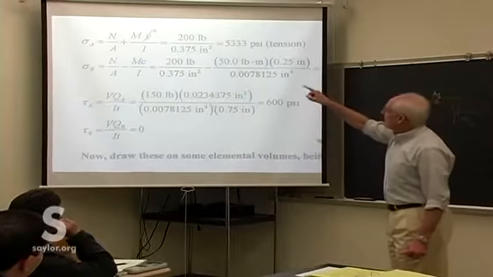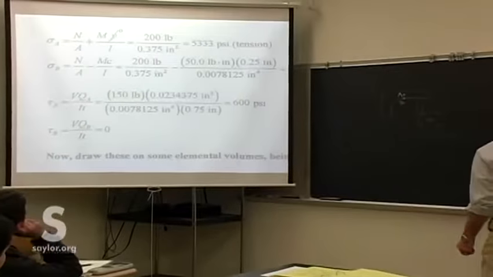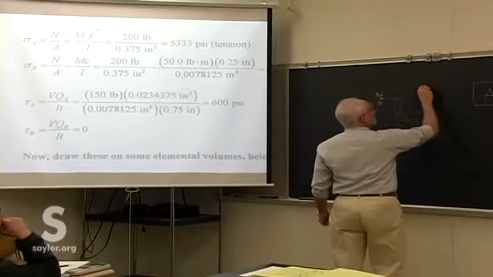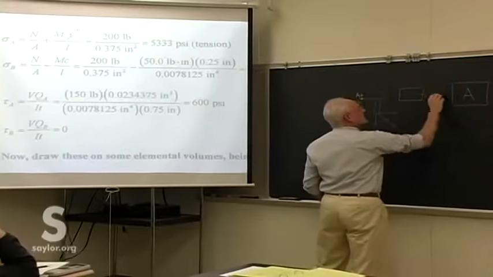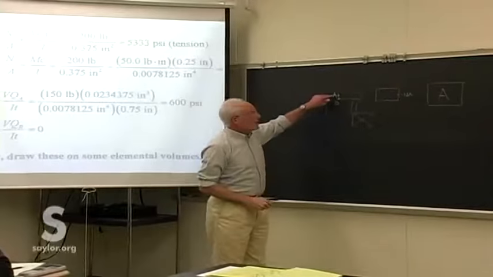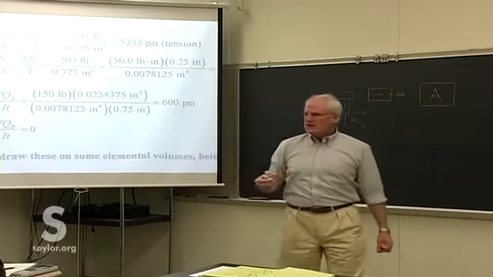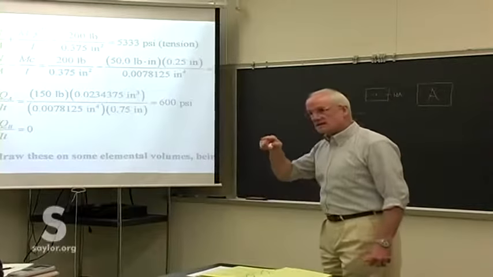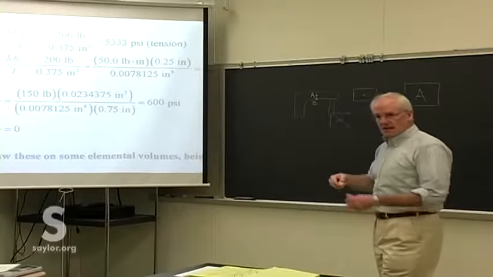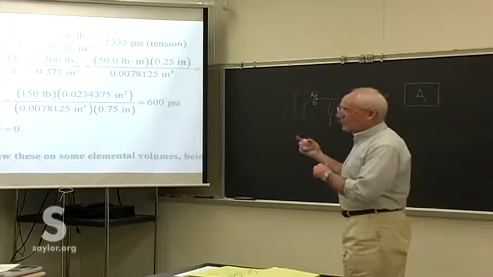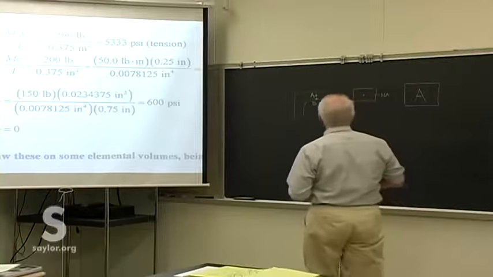The bending moment, the My over I, is 0 because the cross section was simply rectangular, the neutral axis right down the center, and point A is right on that neutral axis. So there is no bending moment. Remember, the neutral axis is that point where there are no normal stresses due to bending. Above, it's in one direction, below it's in the other direction, depending on which direction the moment is.